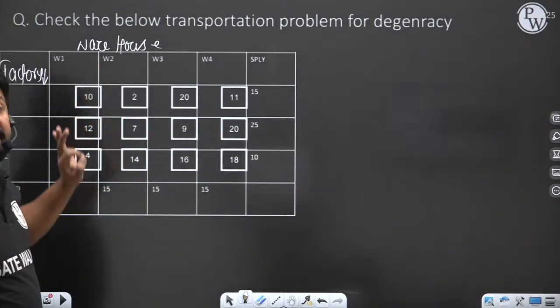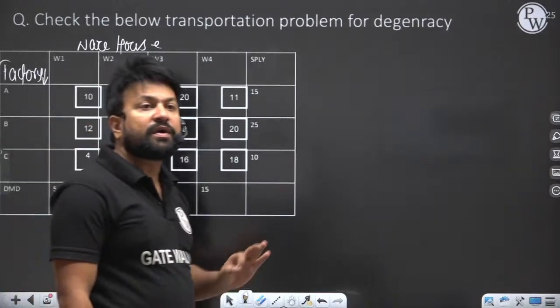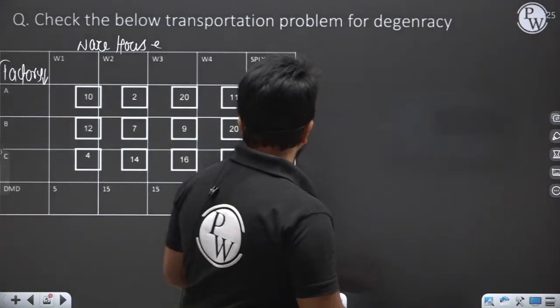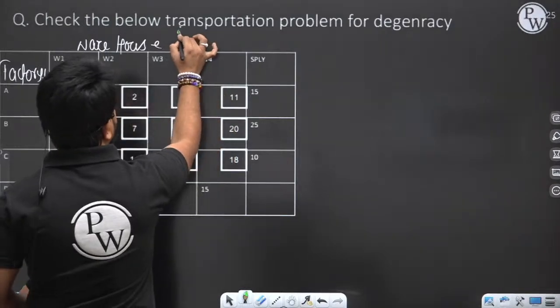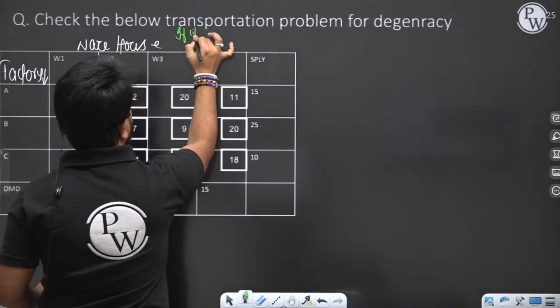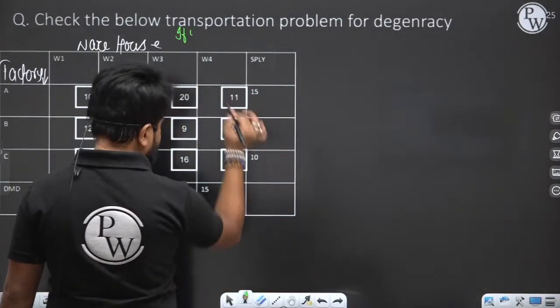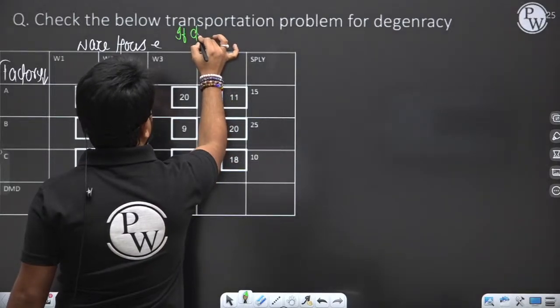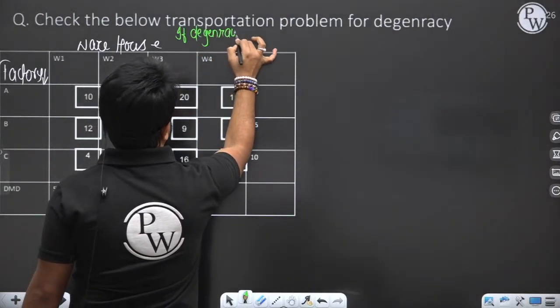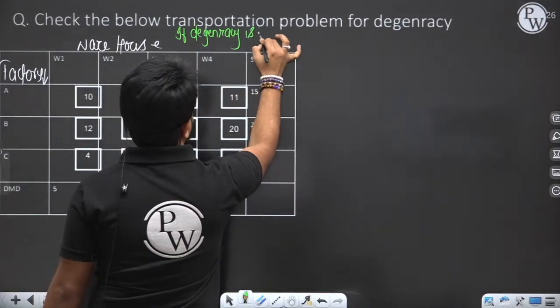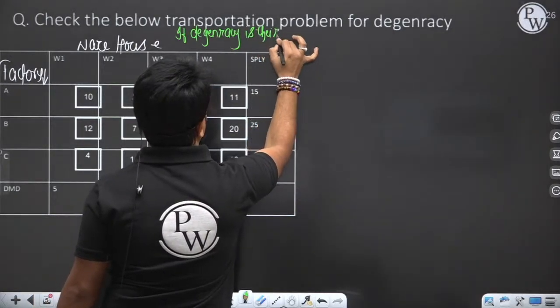If the degeneracy is there, then how can you remove the degeneracy?